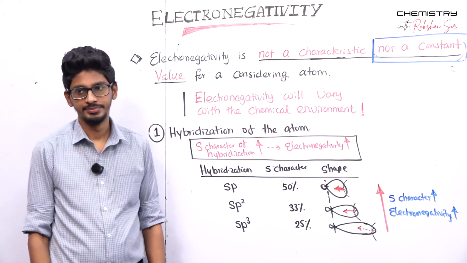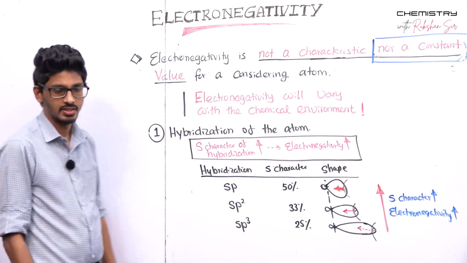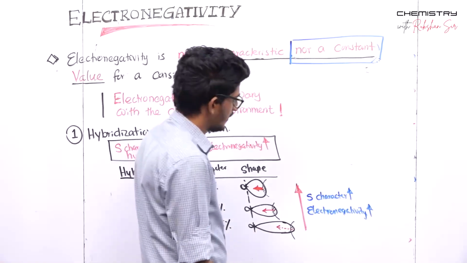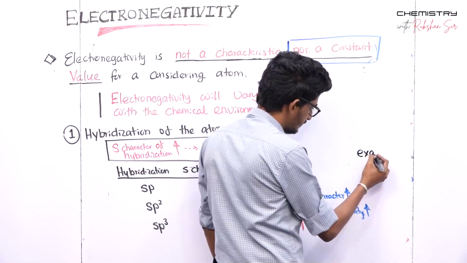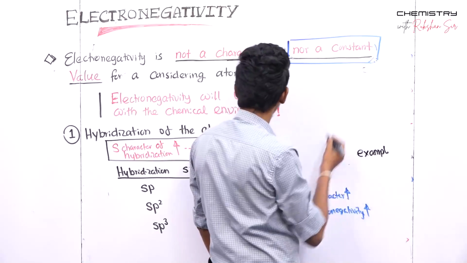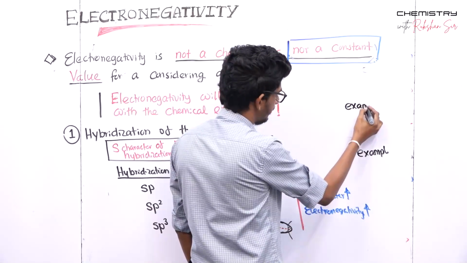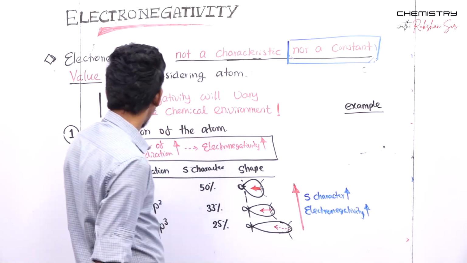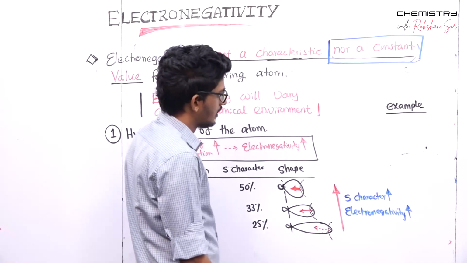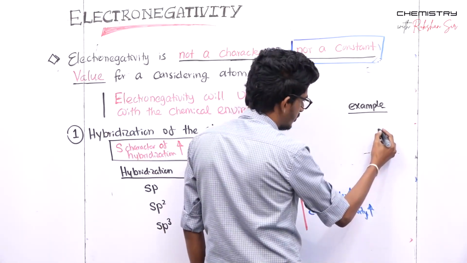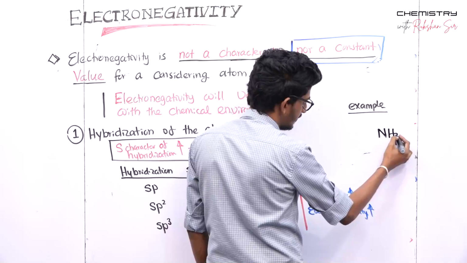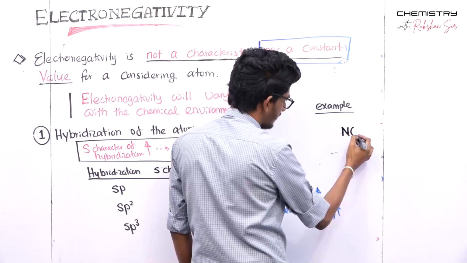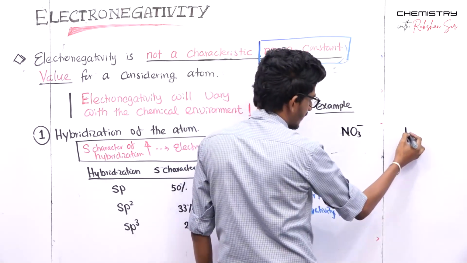Let's come up with an example for this situation. For example, for the hybridization of the atom, let's discuss NO3 minus and NO2 plus.